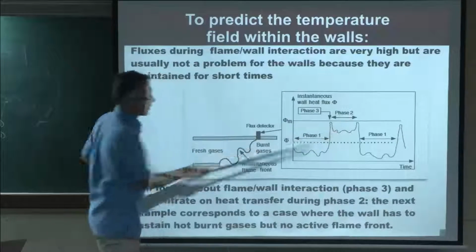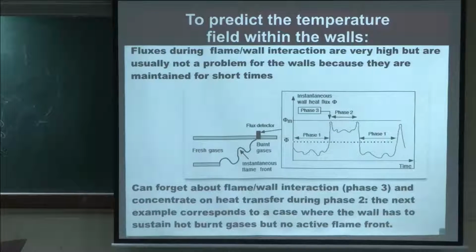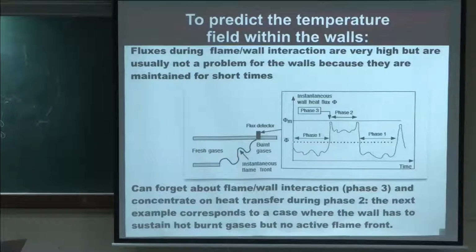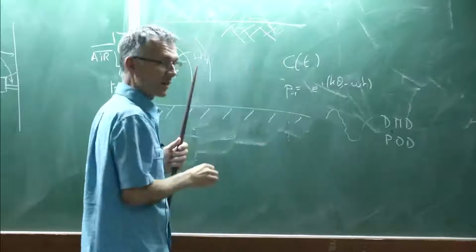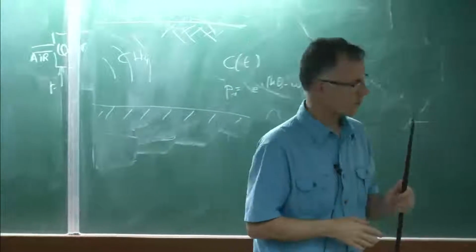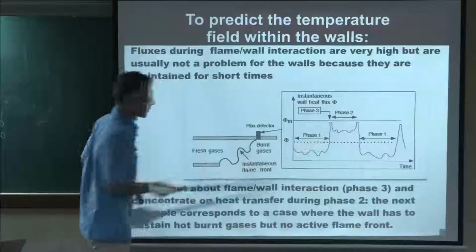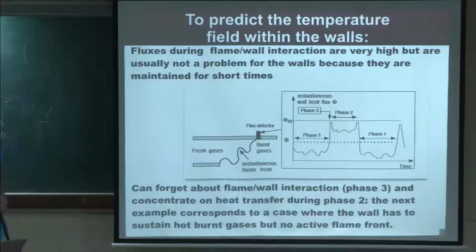That's the phase where the temperature is high, and basically the points here in this chamber, they are swimming in burned gases. Even if there is no flame, that's tough enough for them. So you can forget, in most cases, this phase here, and really worry about what's going on when the gases are hot.